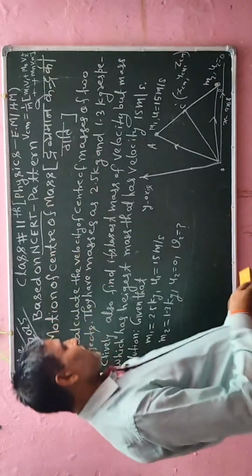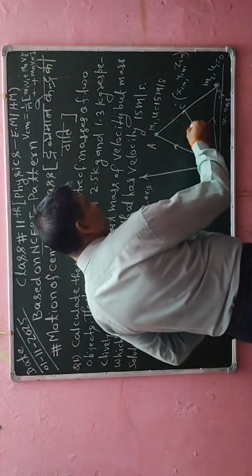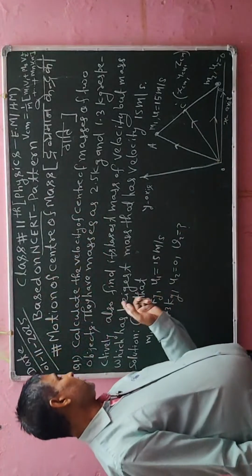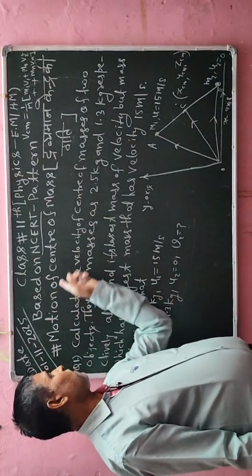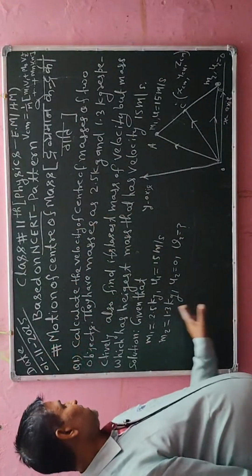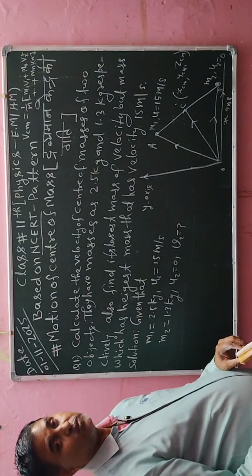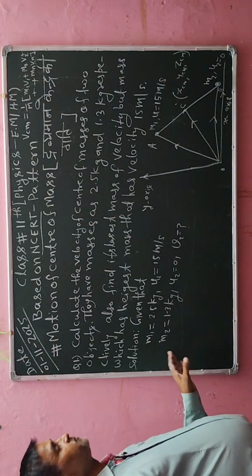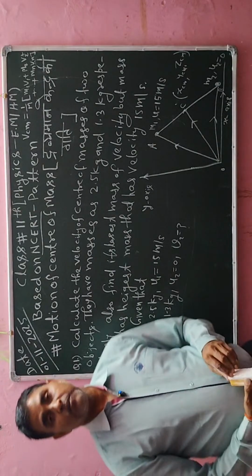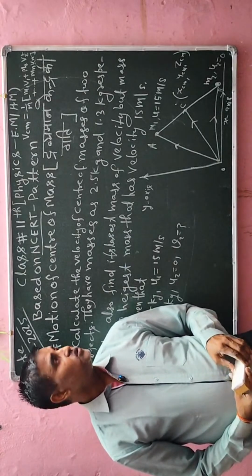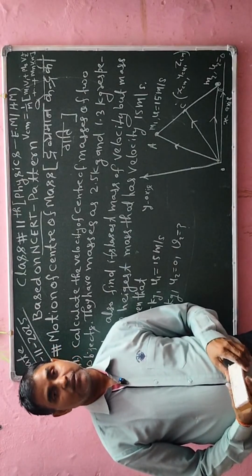So we have to calculate the center of mass in the case of velocity. We have to calculate the velocity of the center of mass of two objects. So you concentrate here, I am going to give its solution in detail. First of all, I am also going to explain all this information in Hindi, so students who are reading in Hindi medium can also understand the concept in detail.